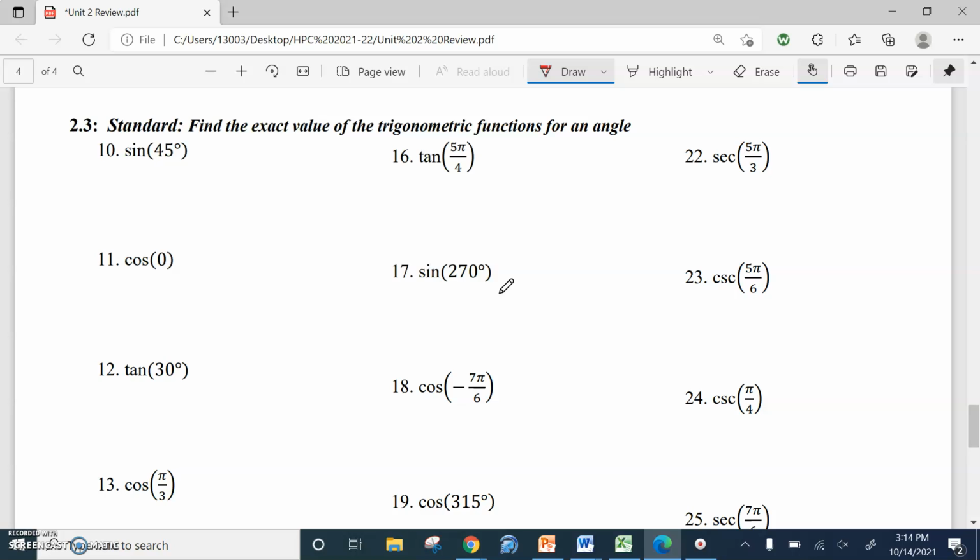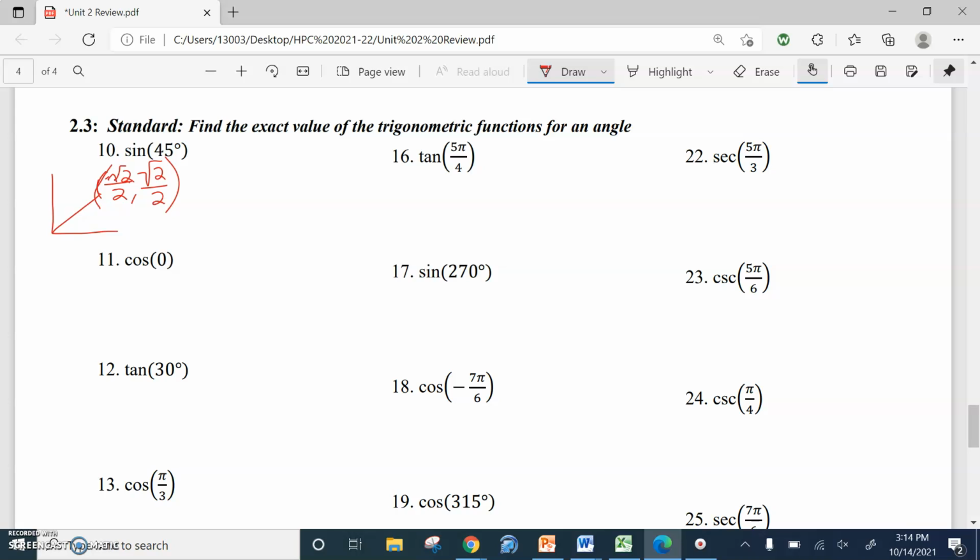Well, in the unit circle, 45 degrees, we look at those xy coordinates. Okay, so if you have a unit circle filled out and you look at 45 degrees, you have the xy coordinates of square root of 2 over 2, comma, square root 2 over 2.